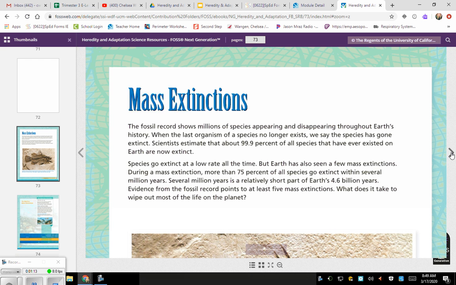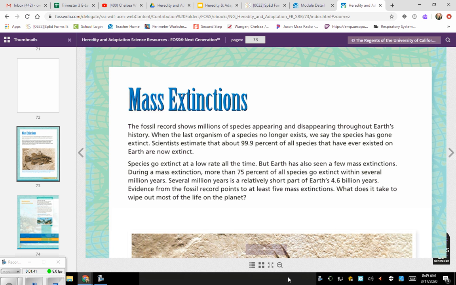Species go extinct at a low rate all the time, but Earth has also seen a few mass extinctions. During mass extinction, more than 75% of all the species go extinct within several millions of years. Several million years is relatively a short part of the Earth's 4.6 billion years. Evidence from the fossil record points to at least 5 mass extinctions. What does it take to wipe out most of the life on the planet?